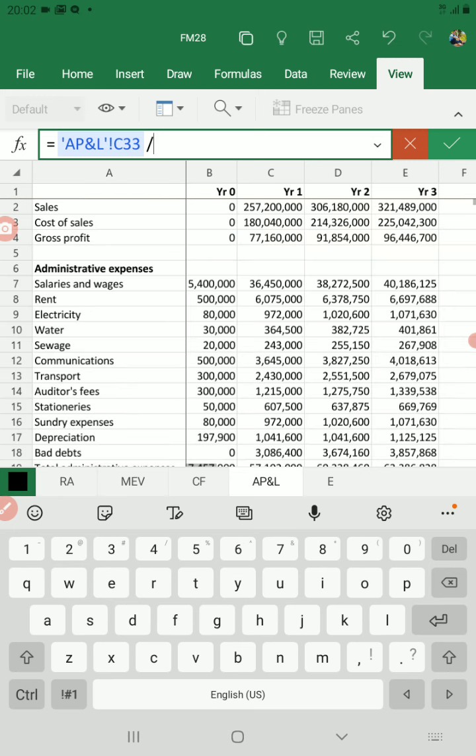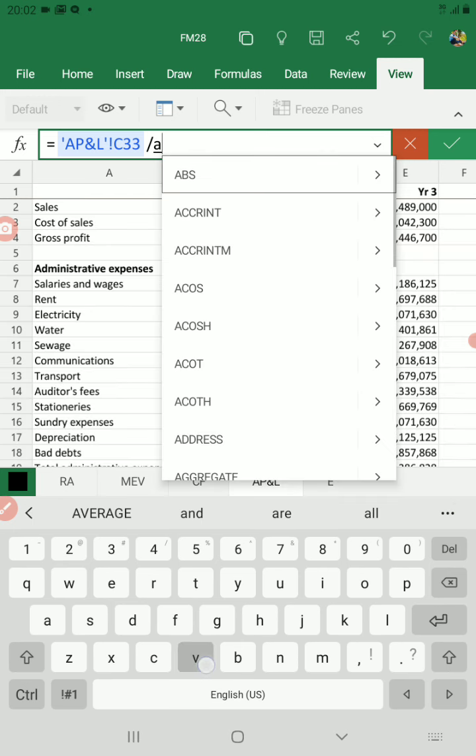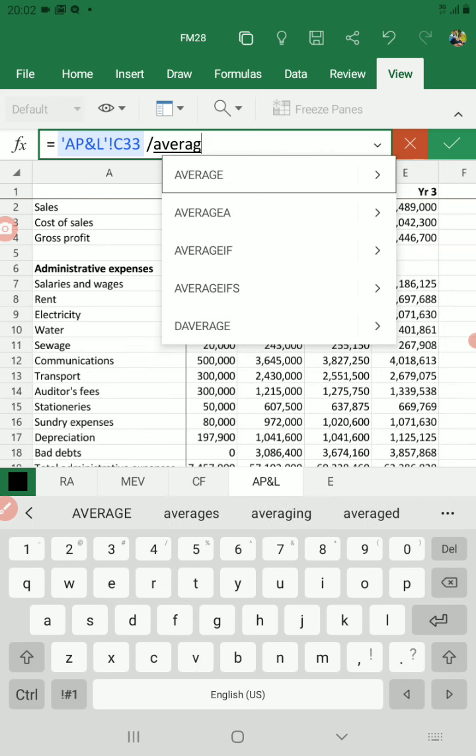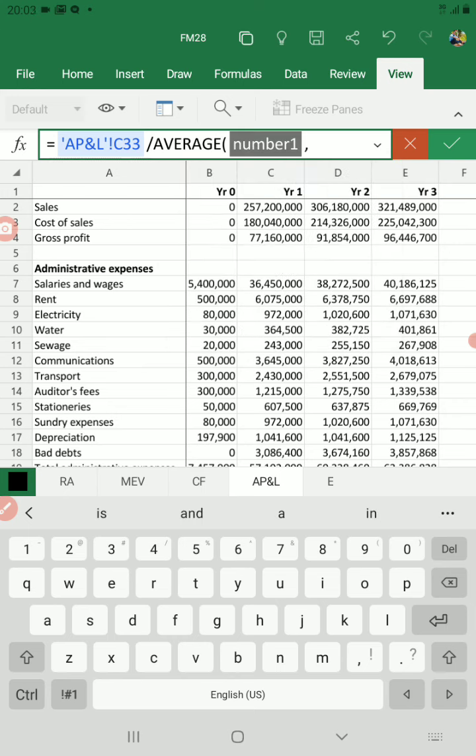So I start typing average, this one, and then number one. So go to my balance sheet, annual balance sheet now, here in this sheet.